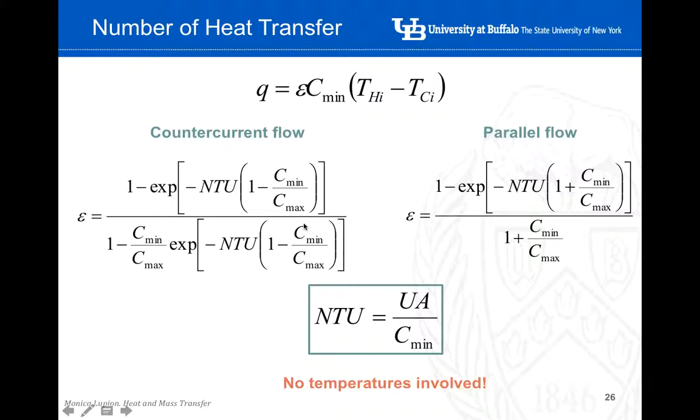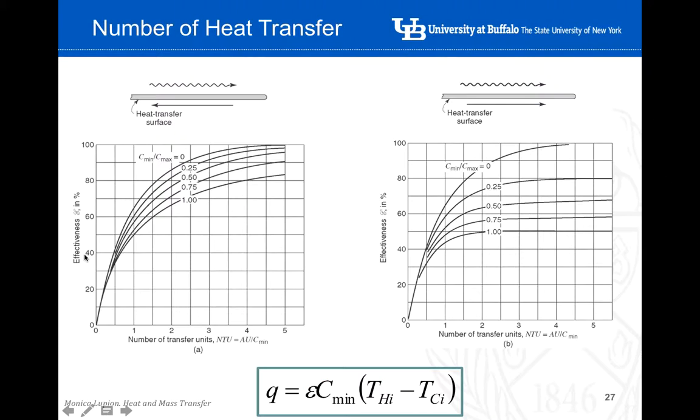I explained that if we play around with the equations and include this new definition of the NTU, we can have an equation for the calculation of the effectiveness for counter current flow and also for parallel flow. But in most of the cases, those equations are graphically represented.